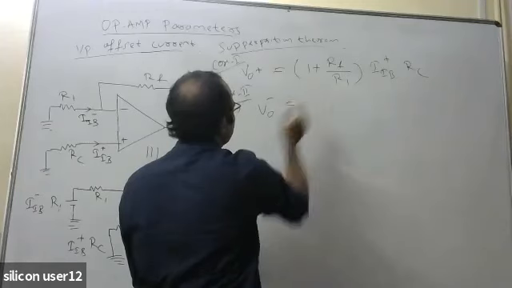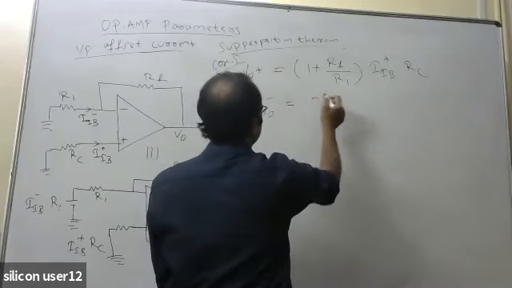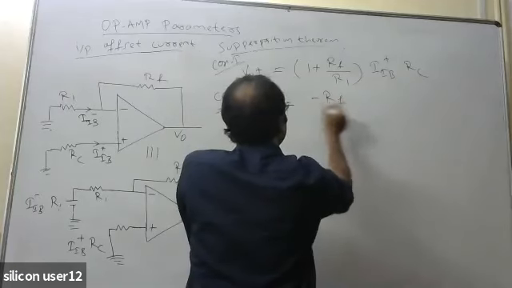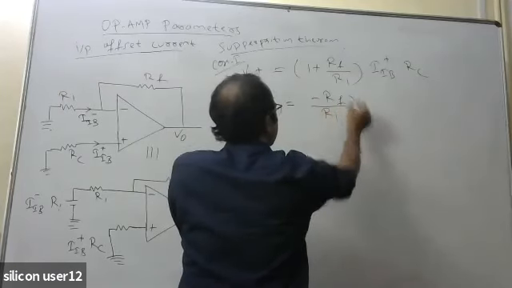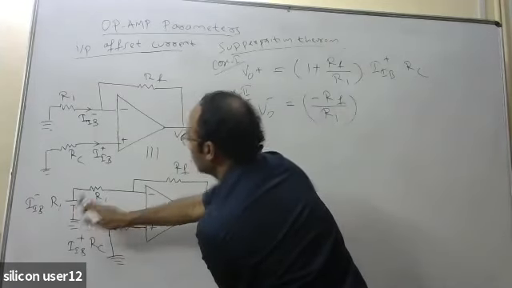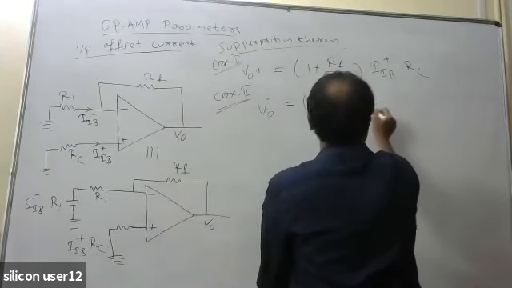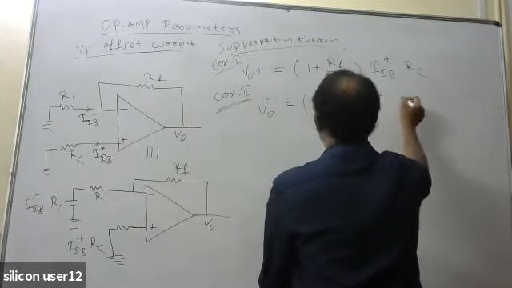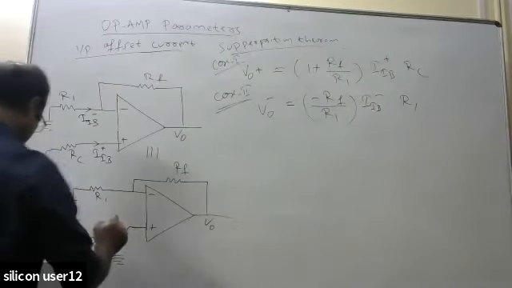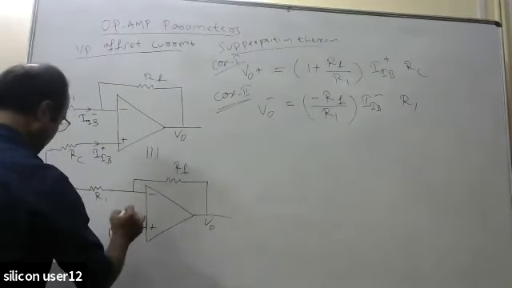V0 minus is equal to what is the formula, minus RF by R1 into this voltage IIB minus into R1. This one was RC.